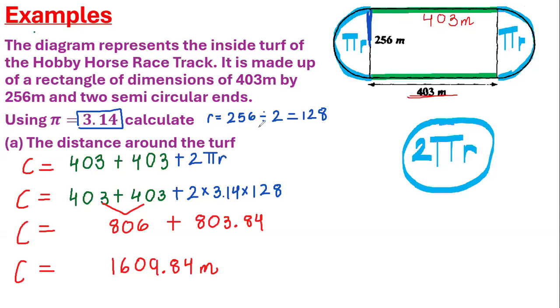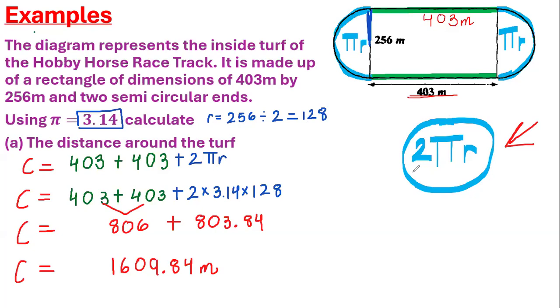So what we do, we say 403, we got the 403 from this side and this side, and we say 2 pi r because that's the circumference of the circle. Where do we get the circle from? From the 2 halves. That makes sense? Yes. Because if this is a semicircle and that one is a semicircle, when they come together, they give you one circle.